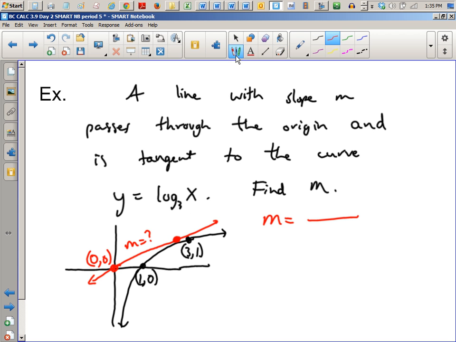I can at least write this, can't I? k, comma, log base 3 of k. I mean, I might not know where that point is, but at least I know it's on the log 3 graph. So whatever the x value is, the y value will just be log base 3 of that. So don't put question mark, put k, comma, log base 3 of k. All right, so what is the slope? Well, it would be y values subtracted for the two red points.